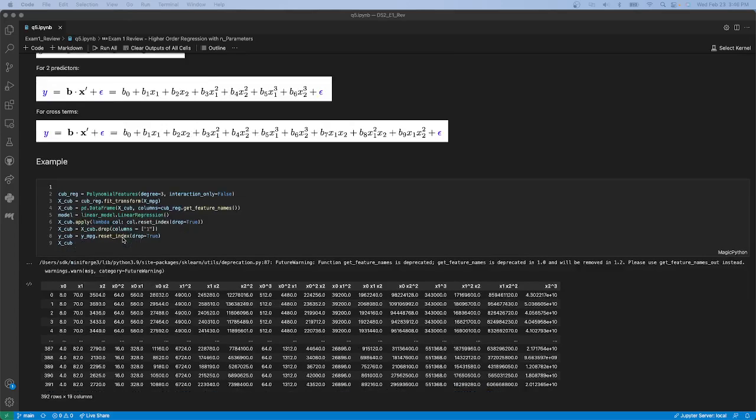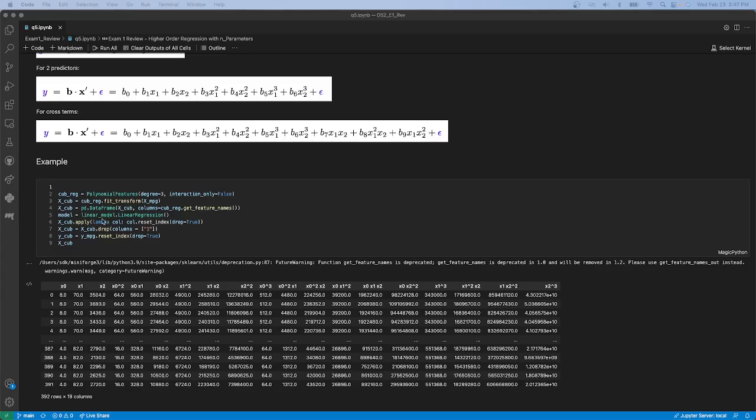Oh, I never explained why we use a linear model. The reason, I believe, is that all you're doing when you're moving from linear regression to quadratic and all these others is expanding the terms out to include the x squares, the cross terms, the cubes, all of that. So really, you're just increasing the feature set, but the core model you're using is still the linear model.